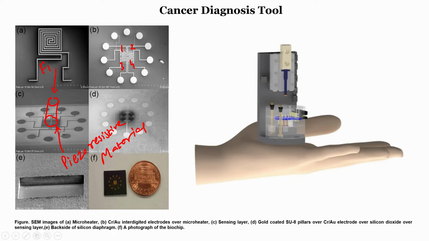There are 4 interdigitated electrodes. So, I have 4 piezoresistors on which I have placed the tissue and applying a known force, right.